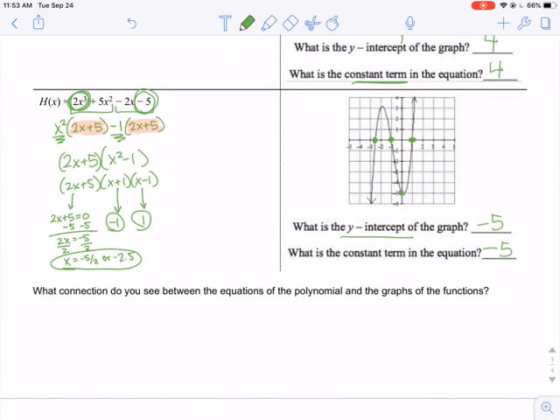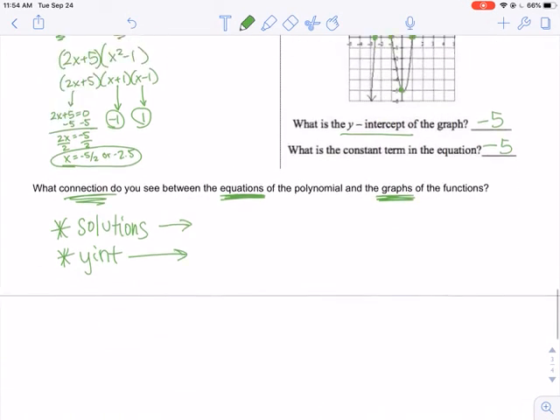And then it says, what connection do you see between the equations and the graphs? All right, so there are 2 things that you should be able to see. One is regarding the solutions, and one is regarding the y-intercept. Go ahead and make those connections here. And then that is your notes for today.